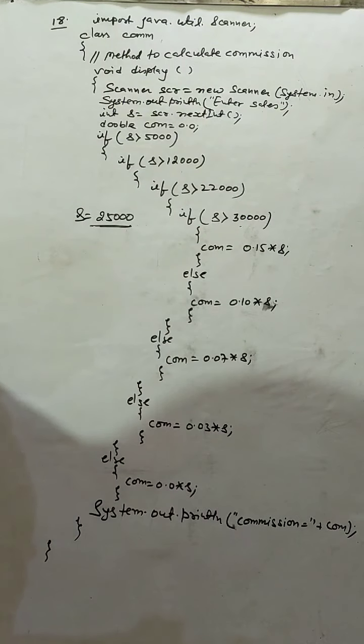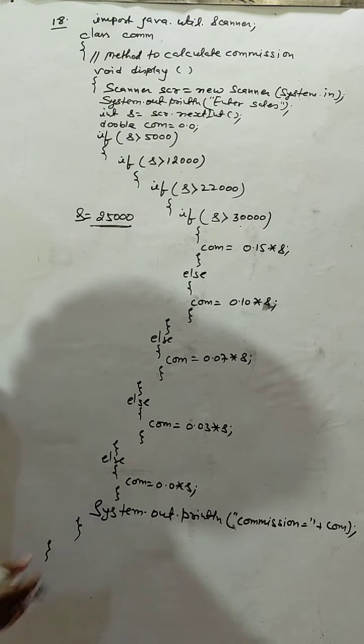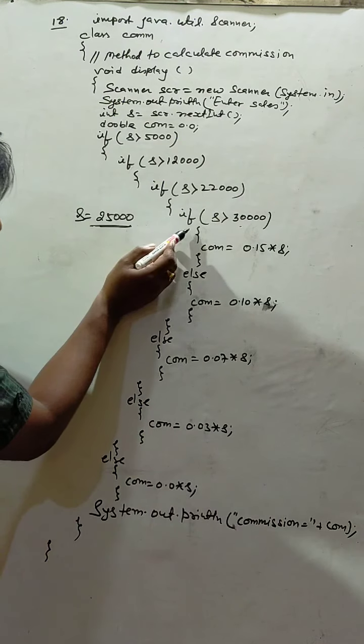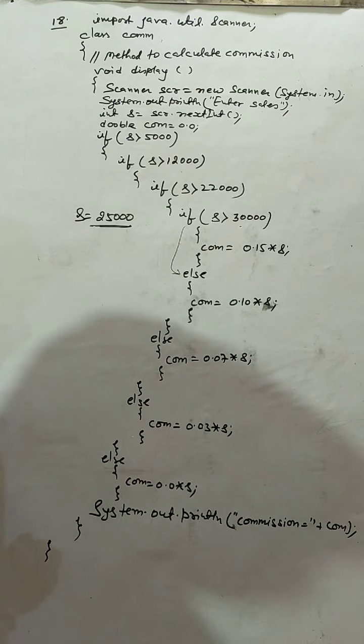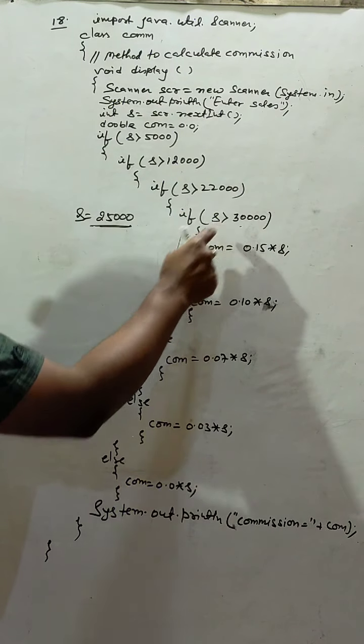If the condition evaluates to false, then control goes to the else part. So this is the else part of this if.